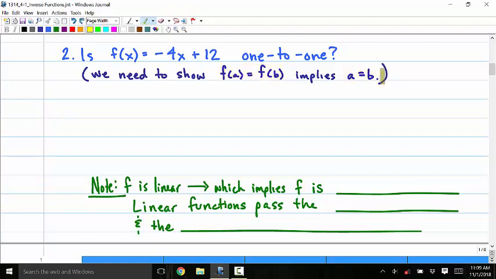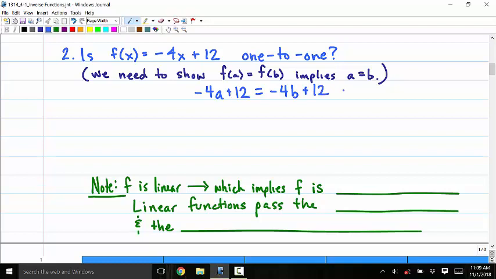Okay, what is f of a? Plug in a for x, what do you get? -4a plus 12, right? f of a is -4a plus 12. What is f of b? It's not a trick question. -4b plus 12.